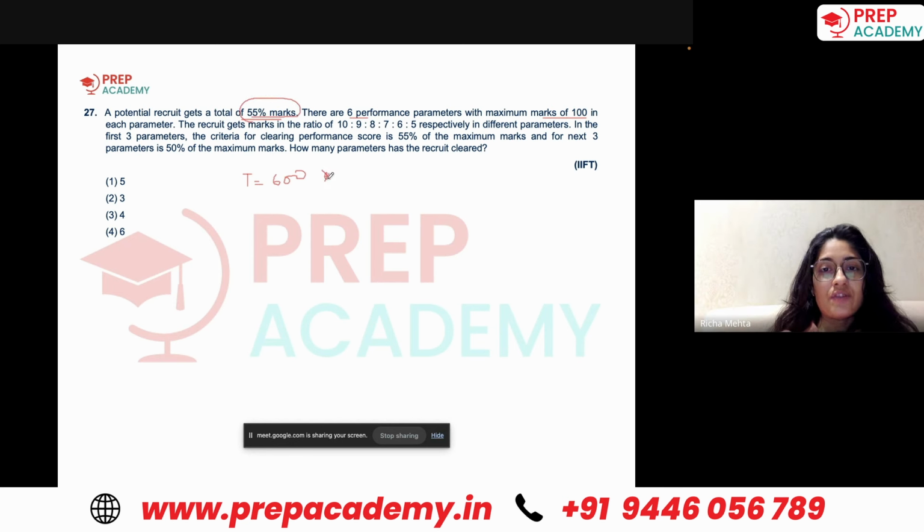So what is 55% of 600? 300. And what is 5% of 600? 30. So the recruit actually gets how much as a total? 330. Now this 330 marks comes out from these 6 marks which are in this ratio.